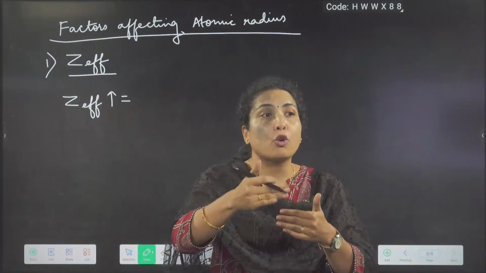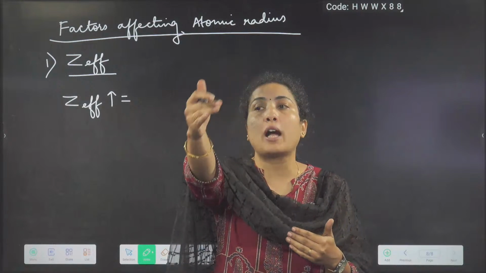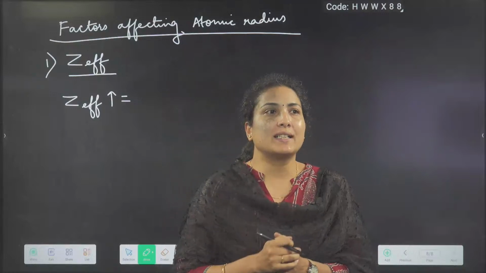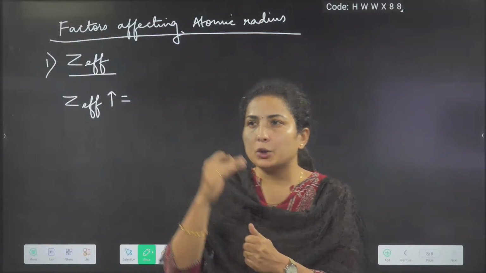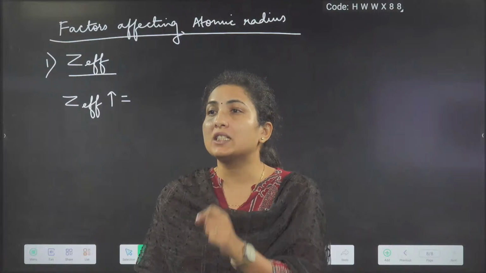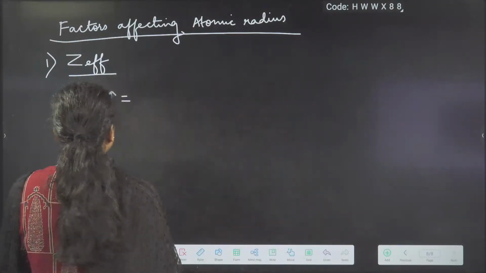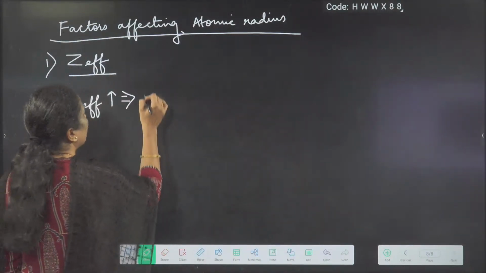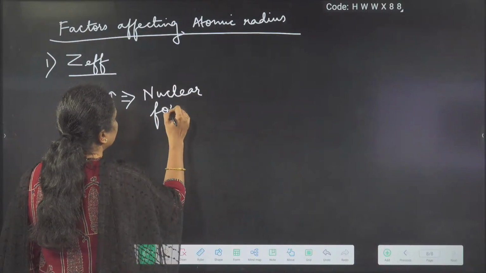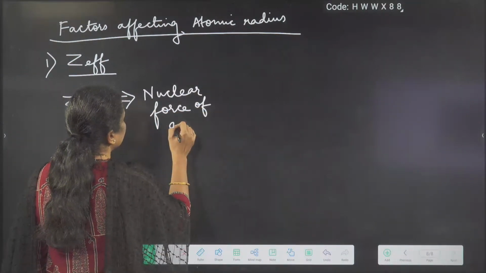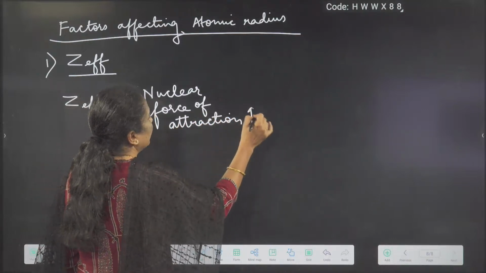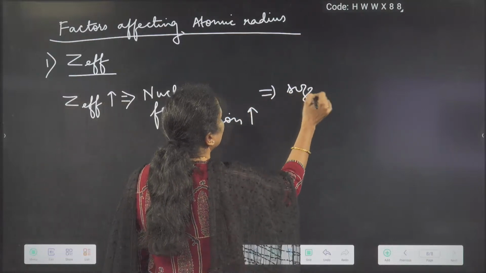And if nuclear force of attraction increases on your outermost shell electron, will it be pulled a little bit inside towards the nucleus or not? So what will happen to the size? Size will reduce. So I'm writing here Z effective increases, and because of that nuclear force of attraction will increase, and because of that size is going to decrease.